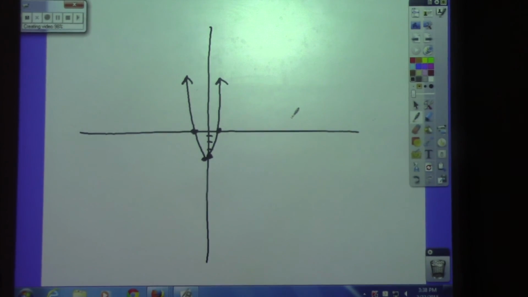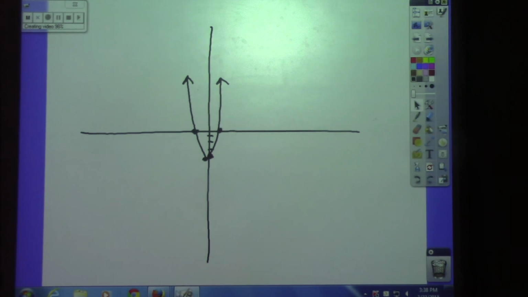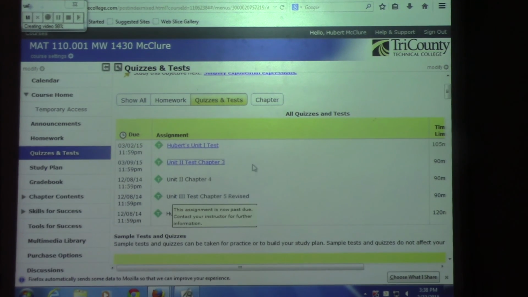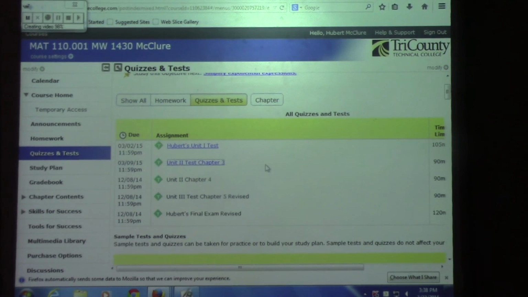Let me just show y'all again, because I didn't write it down. Leave something up on the board for an hour and a half, 20 minutes, nobody. I don't understand. When is the Unit 1 test due? Monday. Next Monday.